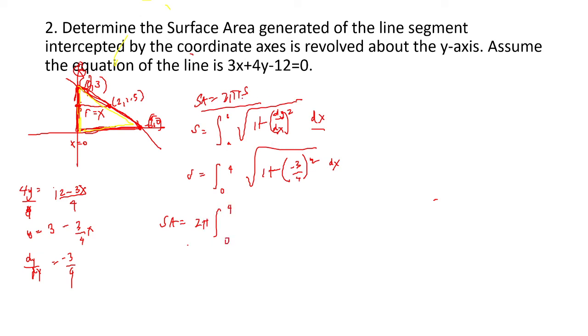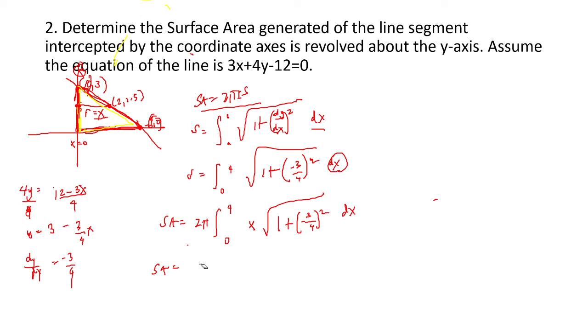Okay, we do not have r yet. So our r is just x, right? And what is our x? Oh, x. Okay, in terms of x, it is just x. Then multiplied by the square root of 1 plus negative 3/4 squared dx. So therefore you should have the surface area as 20 pi when we input that in our calculators.